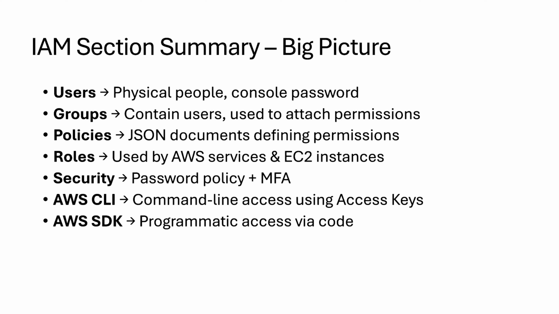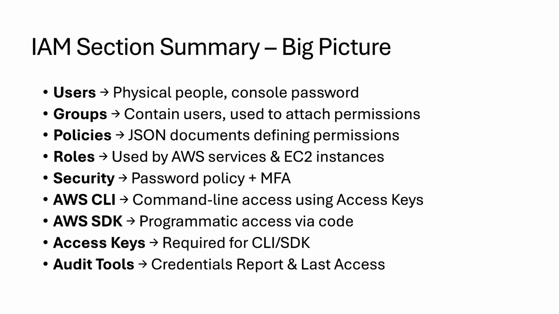And if you want to access AWS services via your programs, then use the AWS SDK with access keys. Access keys act like a username and password for programmatic access, either for CLI or SDK. Finally, use IAM auditing tools like the credential report and the last access feature to keep your environment secure.